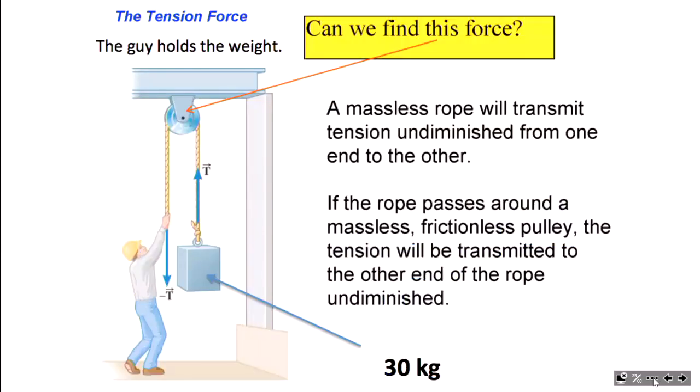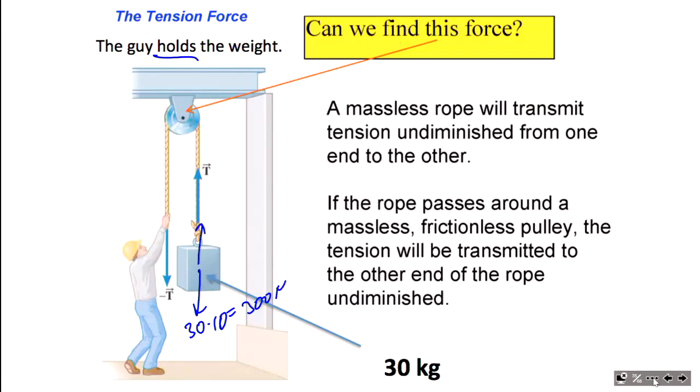And the last example is about tension. In this situation, everything is at rest. So there is a force of gravity acting on this weight. It's supposed to be equal to 30 times about 10, 300 newtons.